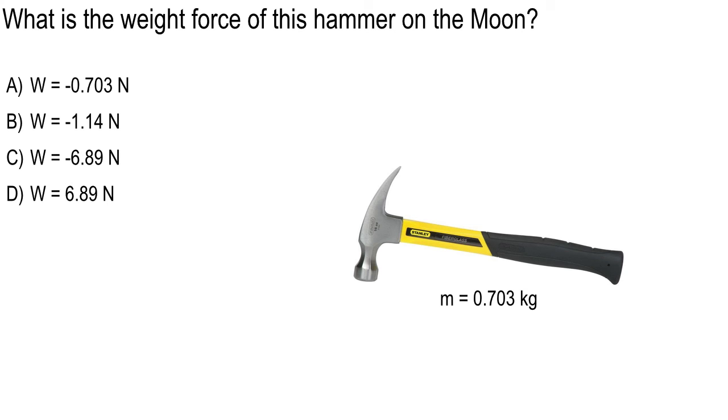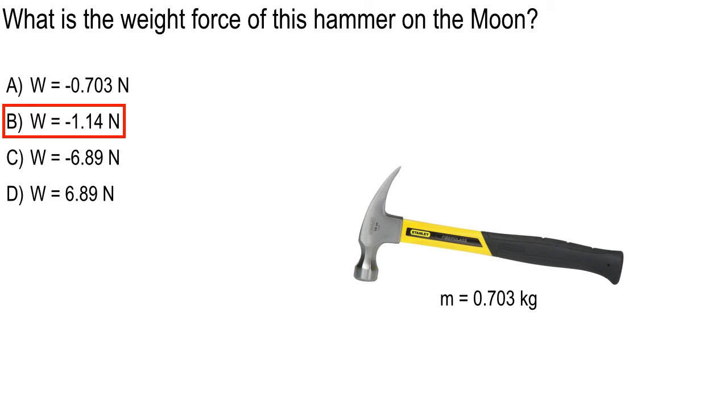And if you calculate those two numbers together, you get a weight force of 1.14 newtons negative, i.e. downward, for this hammer on the moon. Now we need that, as a basic spec, and also so we can ground ourselves and maybe get ready to calculate mgy or F delta y or anything like that we want.